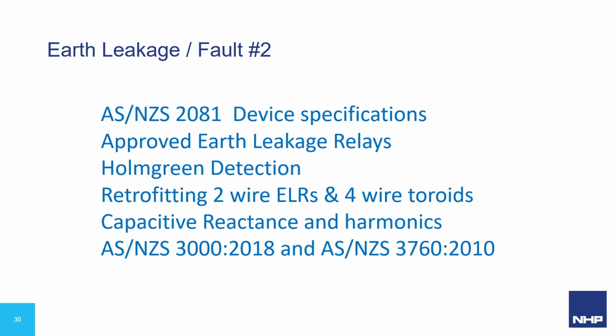We also looked at the cause of nuisance tripping in applications where long cable runs and harmonics are present, and a quick visit to the testing methods and obligations required by the relevant standards, both the wiring rules and 3760 with regards to workplace safety and OH&S regulations.